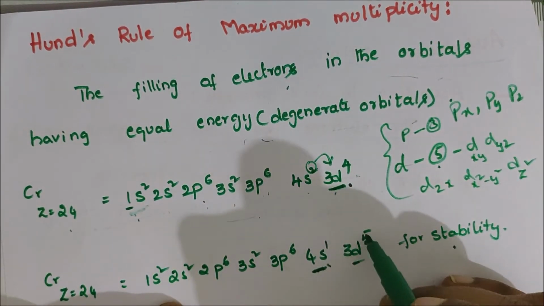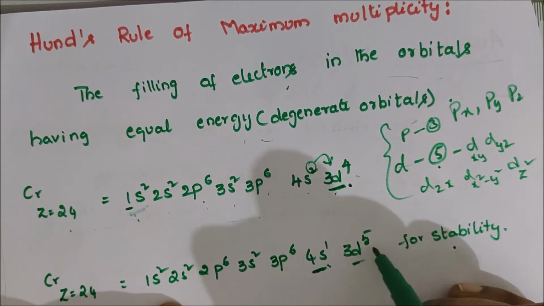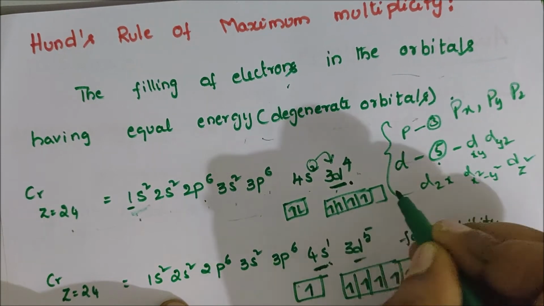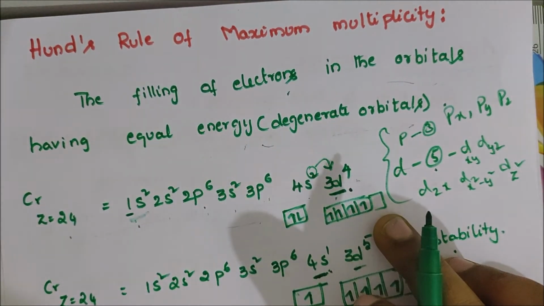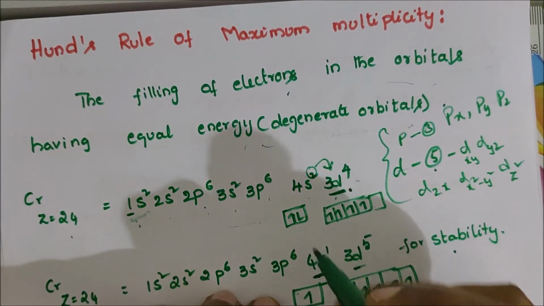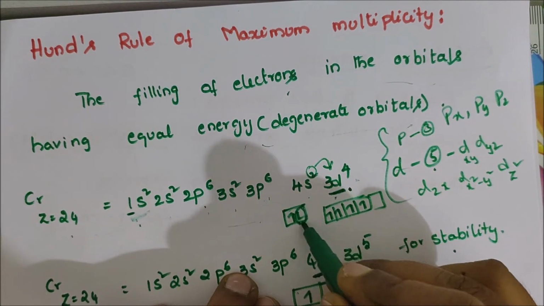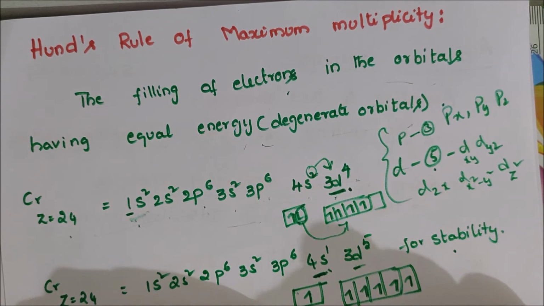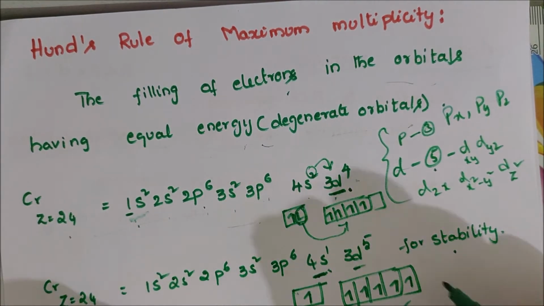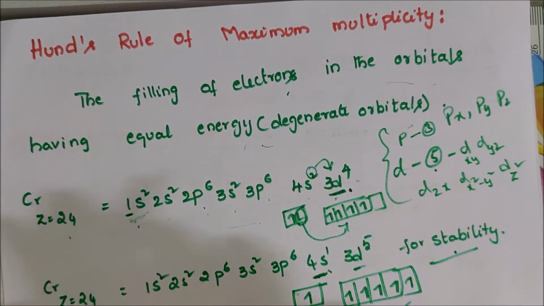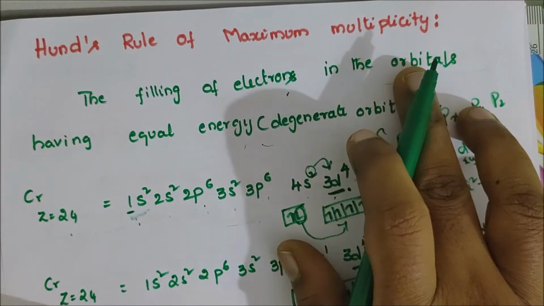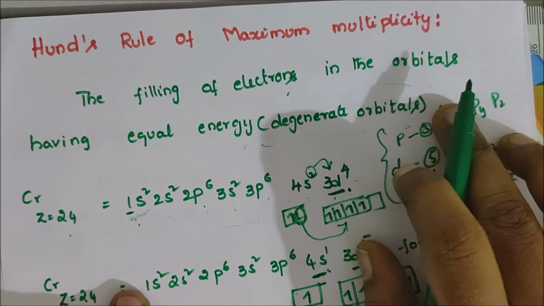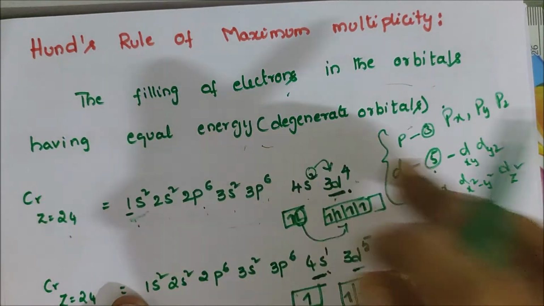So one electron jumps to the 3d orbitals like this. In the general electronic configuration, it is not stable. That's why one electron jumps to the 3d orbital, so it contains a d5 electronic configuration, and so it is stable. For stability, Hund's rule says that the degenerate orbitals are filled first. That is called Hund's rule.